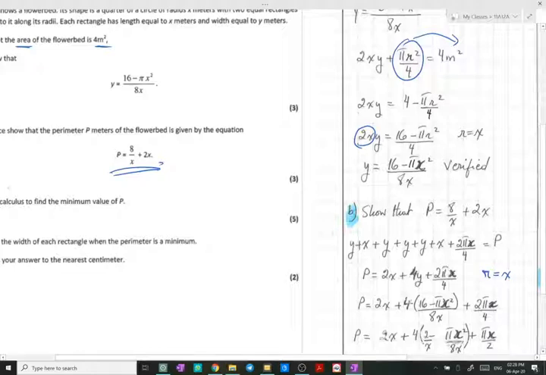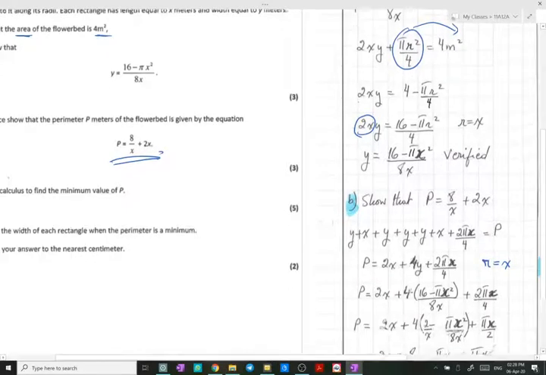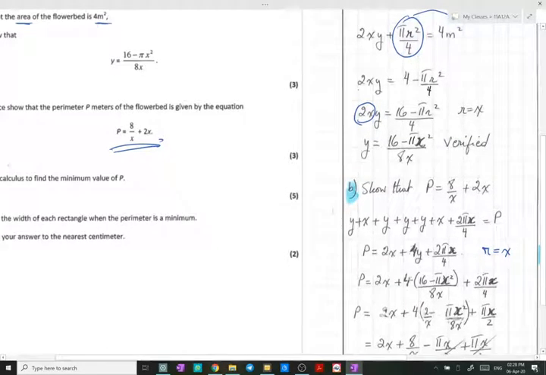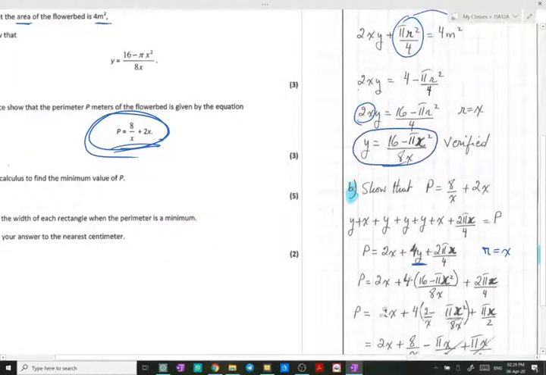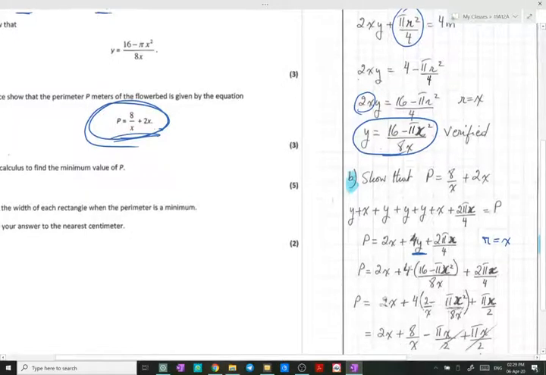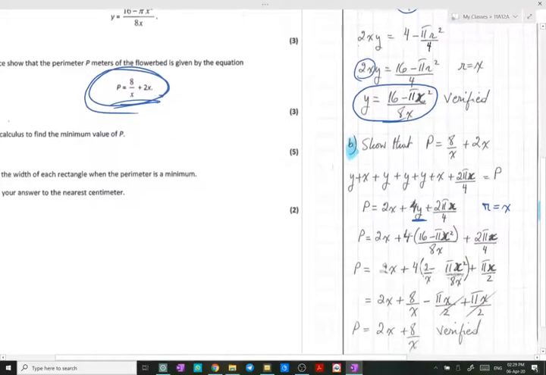Now using algebra again, we have to find an expression for P. But we have to pay attention that what they want us to reach doesn't have a y, and here you have a y. So the variable y is replaced by the expression that we just verified, and then we start using algebra in order to reach what they want.